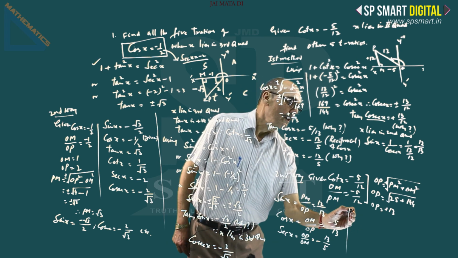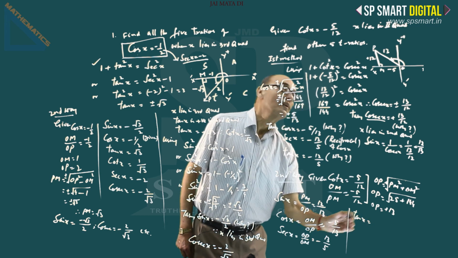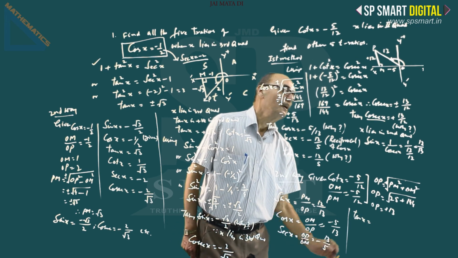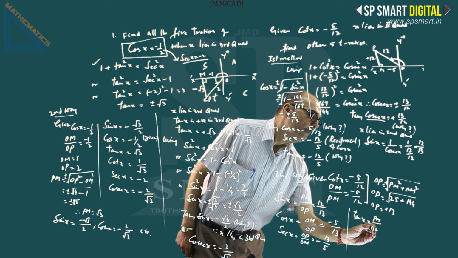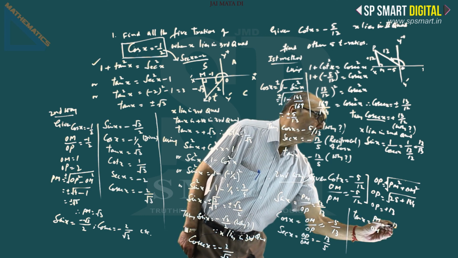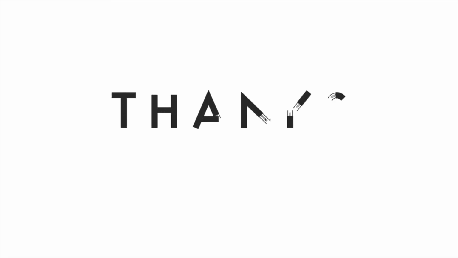Then tan x equals to PM upon OM, minus 12 by 5, etc.